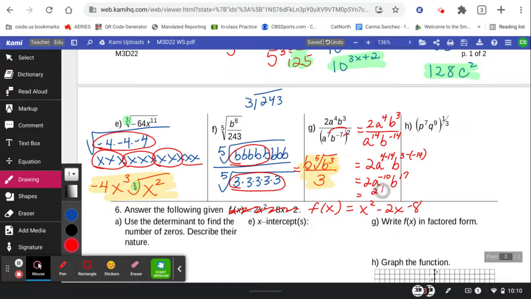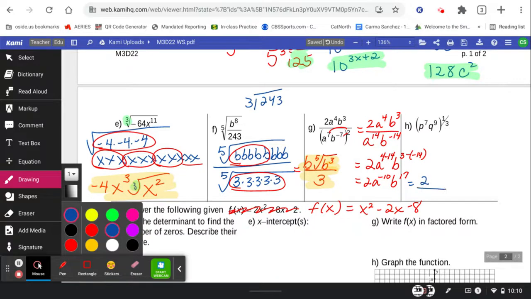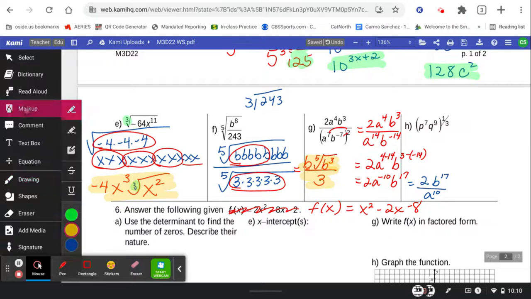Final answer, 2b to the 17th on top, a to the 10th on the bottom. Hang on, I'm going to write that to the right instead of below. Two stays on top, a to the 10th moves down, b to the 17th stays up.